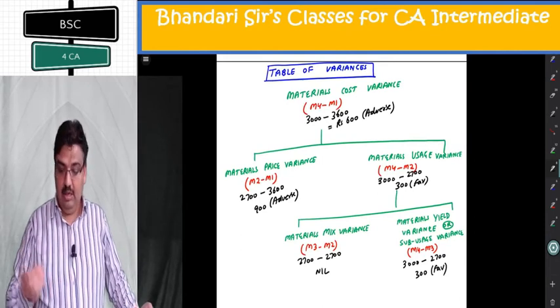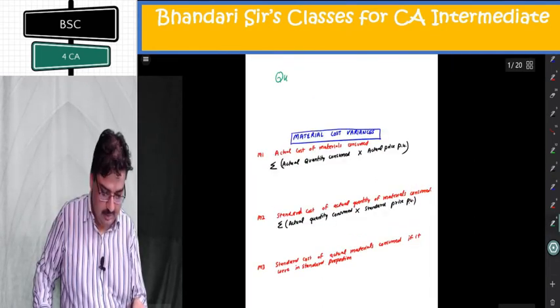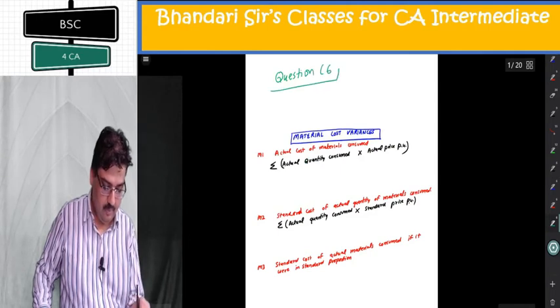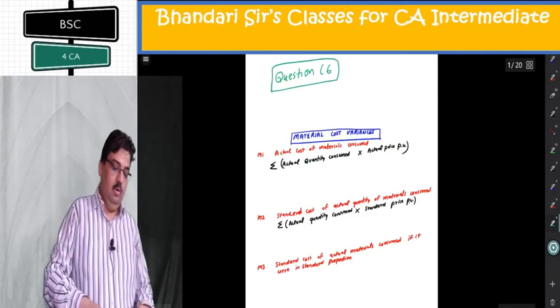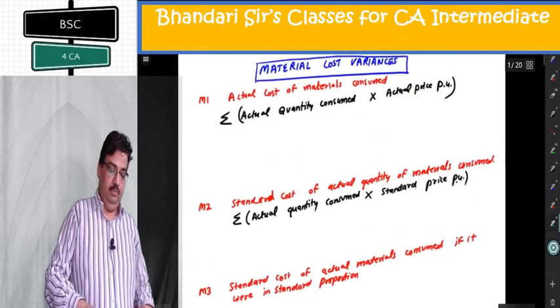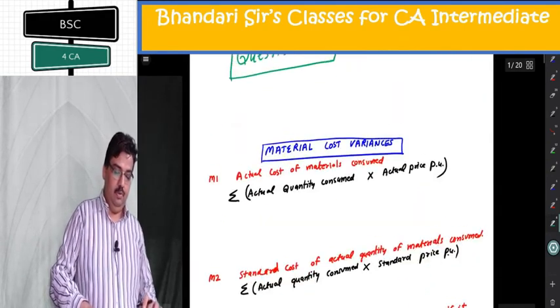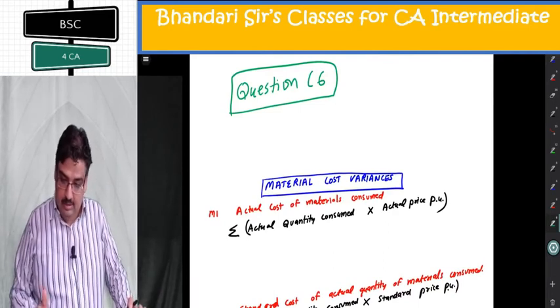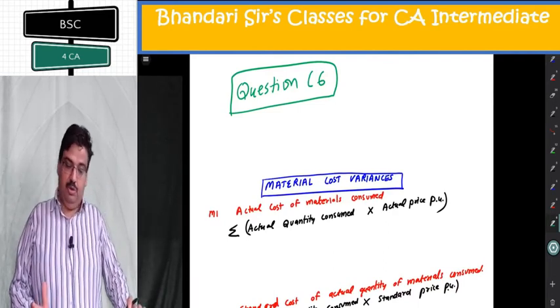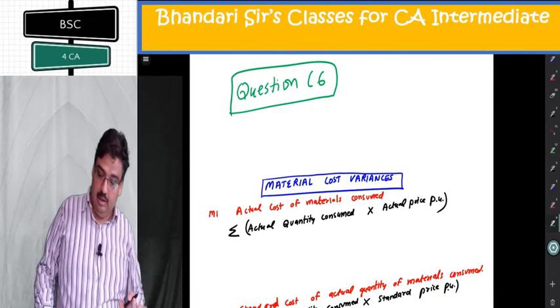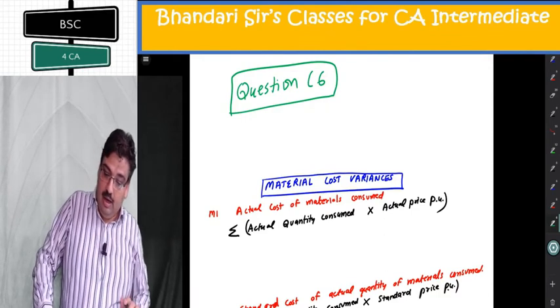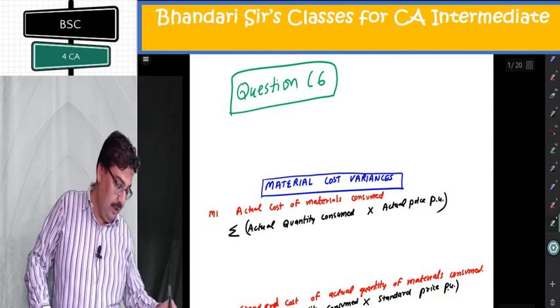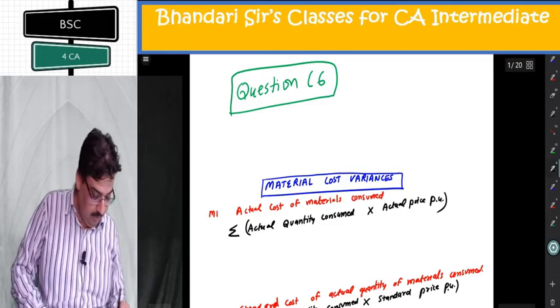This was C5. Next is question C6. Looking at question C6, two materials there. Very simple question again, similar to what you have done earlier. Look at actuals. You need to calculate here. In the earlier question, calculations were given.